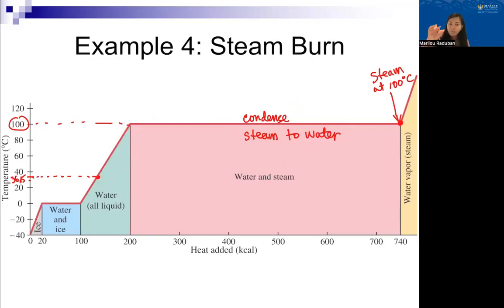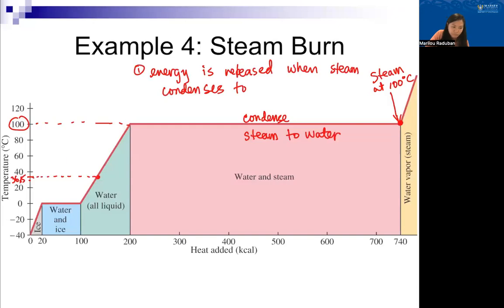So it means it's a two-step process. First, energy is released when steam condenses to water. It condenses to water on the skin. So this is that first part, the phase change.